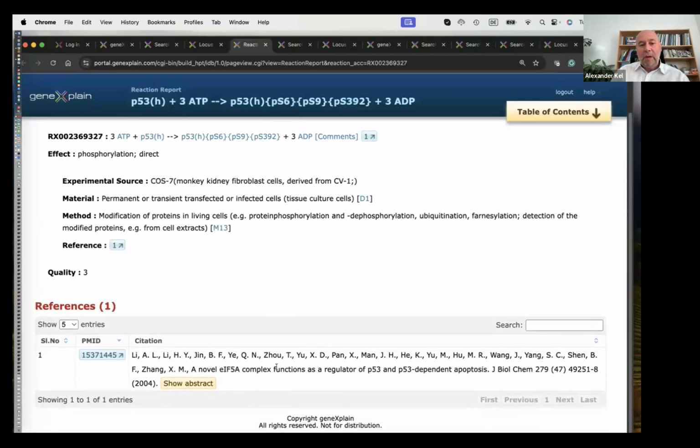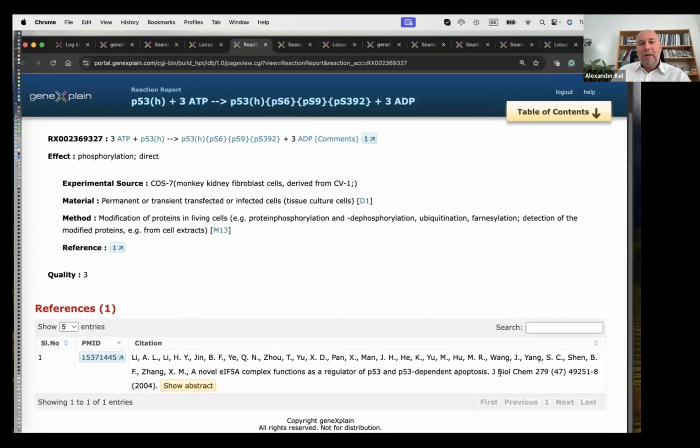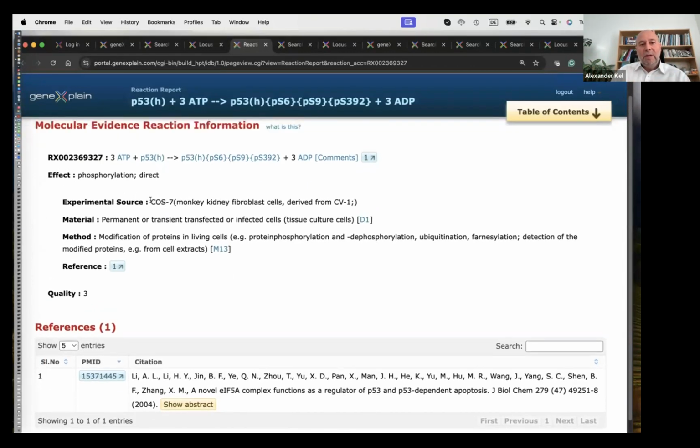This is taken from a particular biochemical paper where there was one cell line and a very specific method used to understand how this p53 is getting these numerous phosphorylation points.